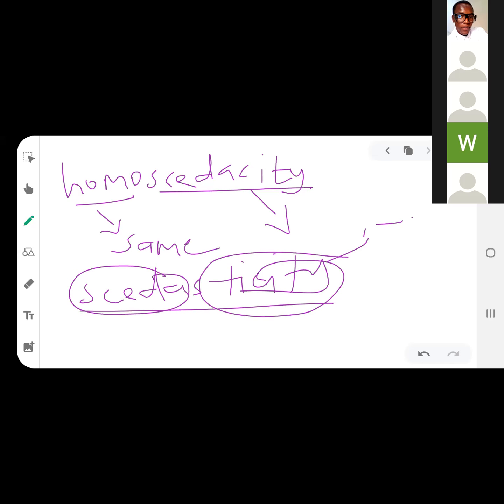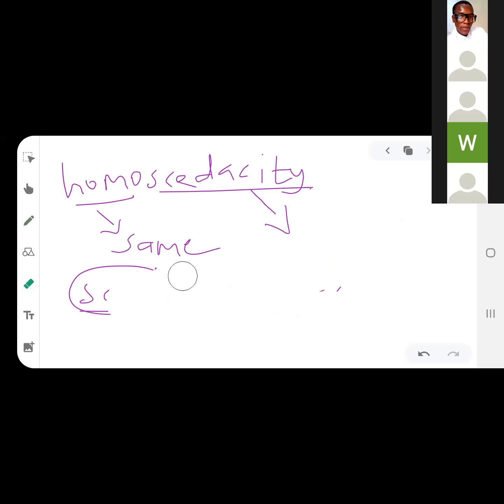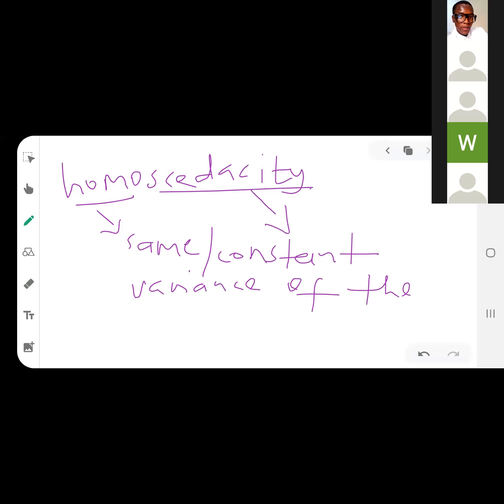So homoscedasticity talks about a situation whereby we have the same or the constant variance of the variables.